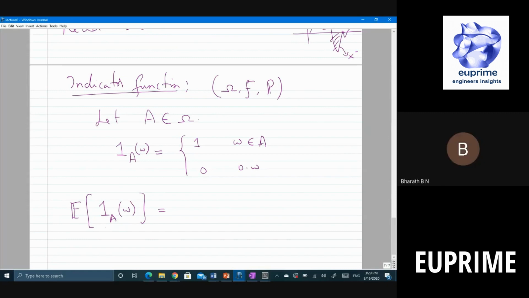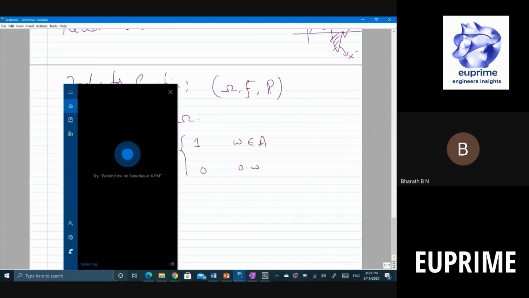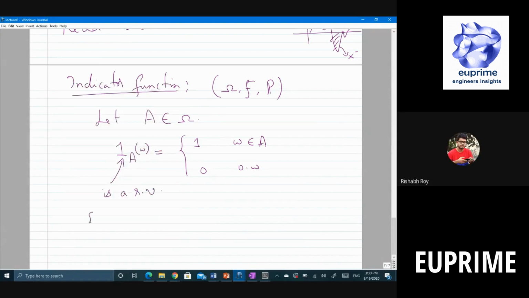Yeah, so this is a random variable. Do you agree? Indicator function is a random variable. Why? Let's check that. Can somebody check why it is a random variable in the strict sense? How do you check that? It's a function from omega to the real numbers 1 or 0. We look at all omega such that indicator of omega is less than or equal to some x.